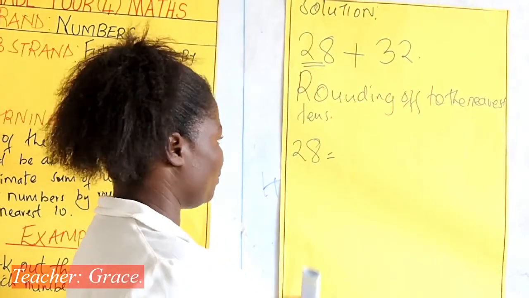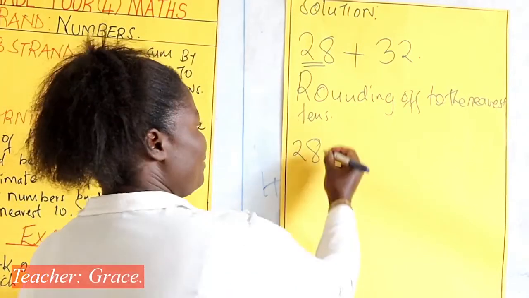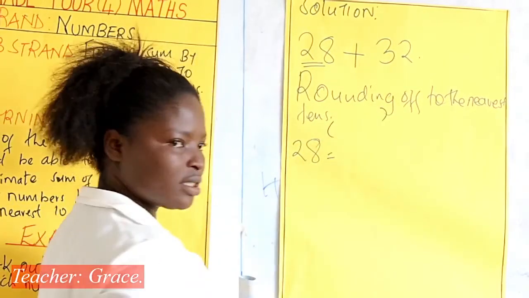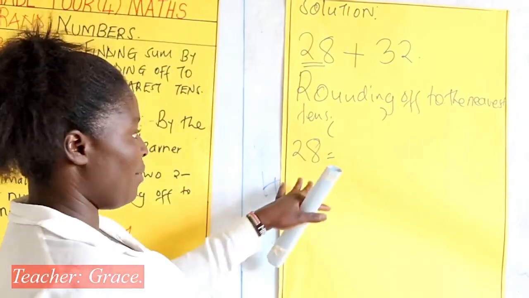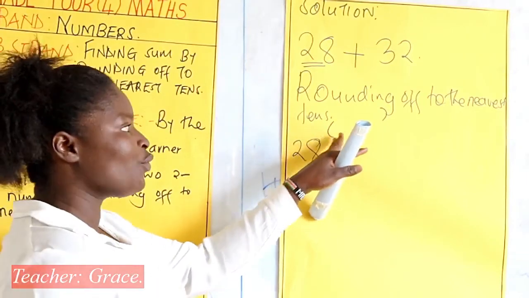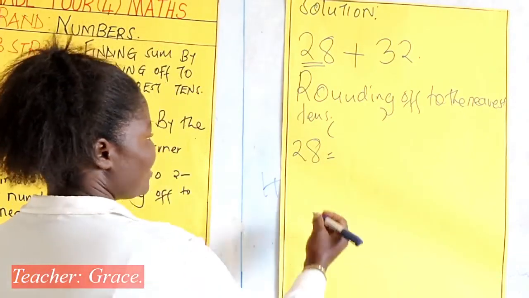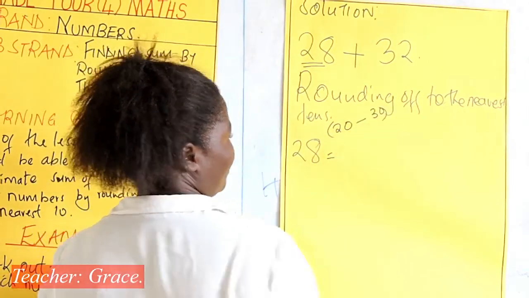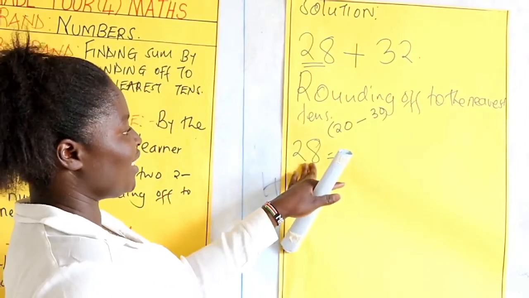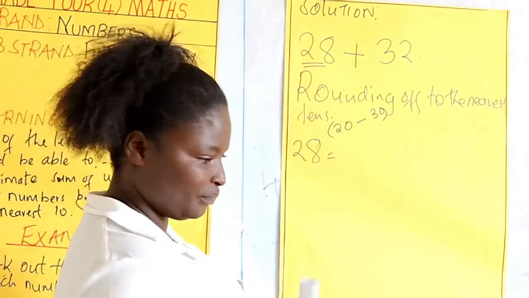This is the solution. The number 28 is in between two numbers which are multiples of 10. And these numbers are 20 and 30. So we find number 28 in between 20 and 30.